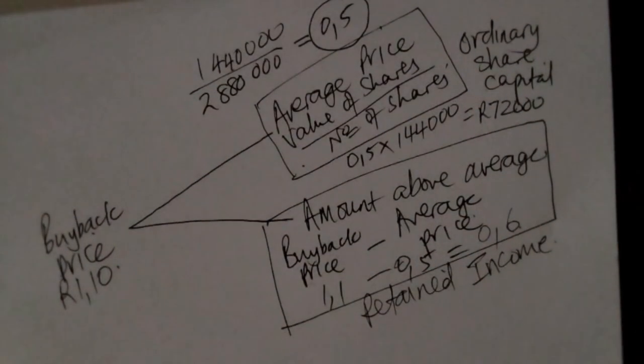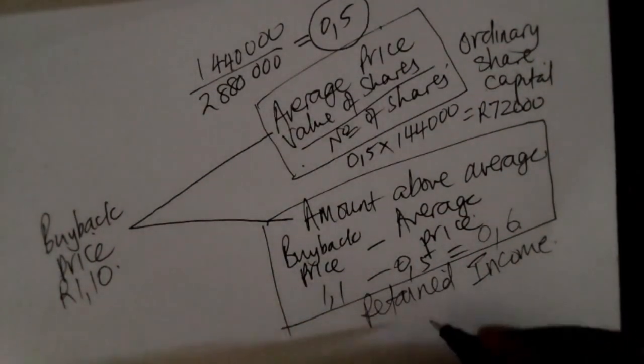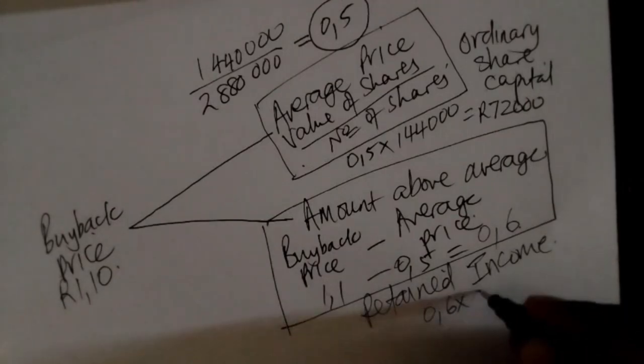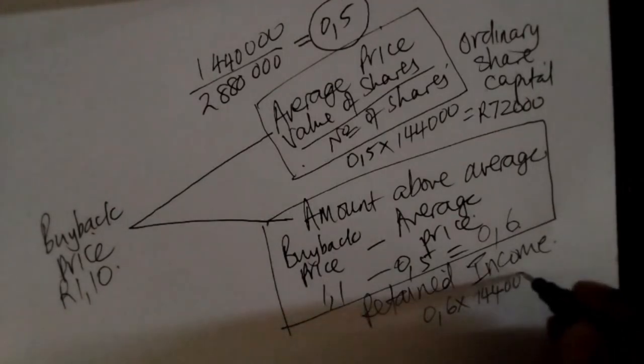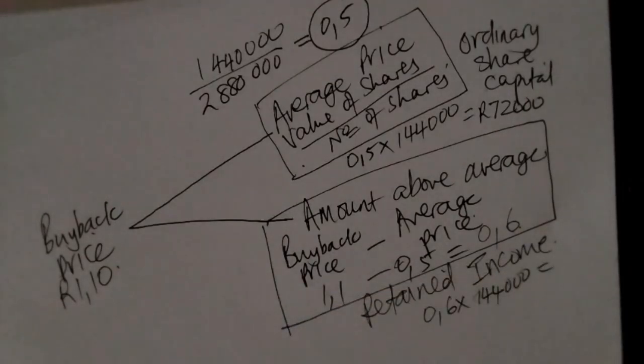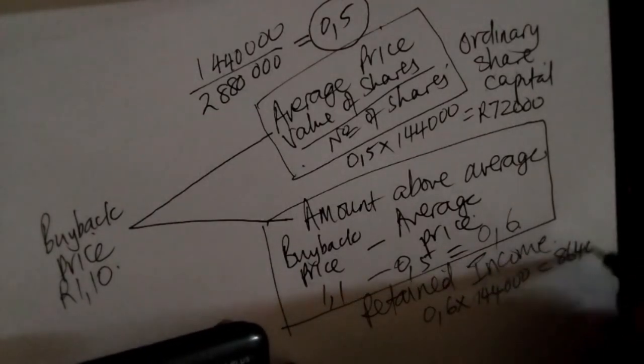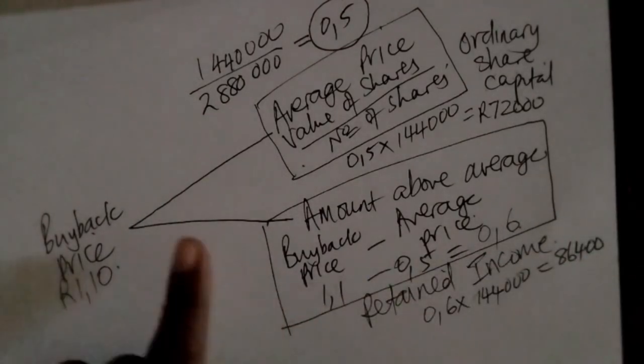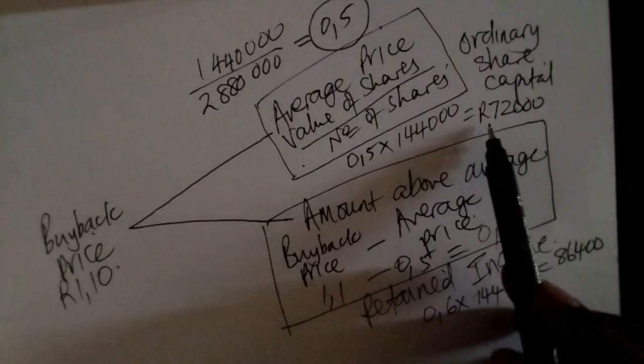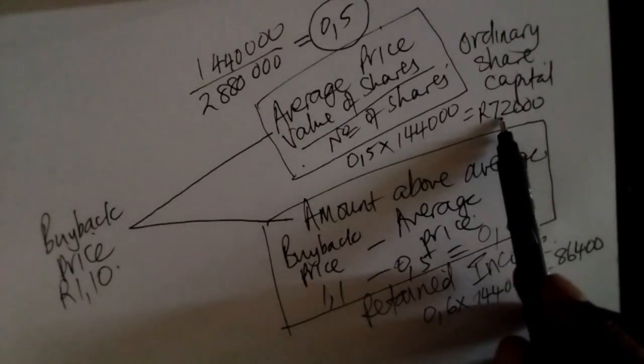Now, when I'm doing my retained income, I'm going to say 0.6 times 144,000, and this will give me 86,400. So when I'm doing note number 7, under my buyback, I'm going to reduce the ordinary share capital using 72,000.